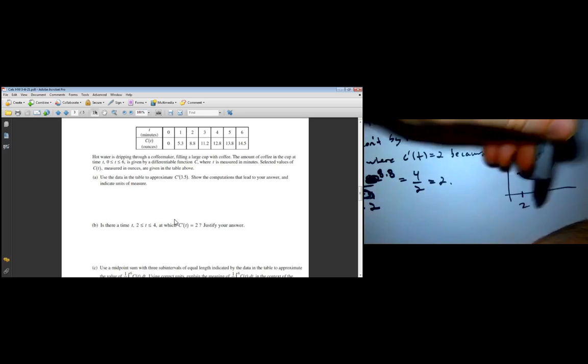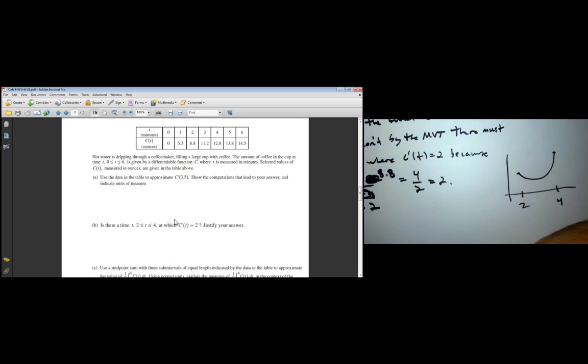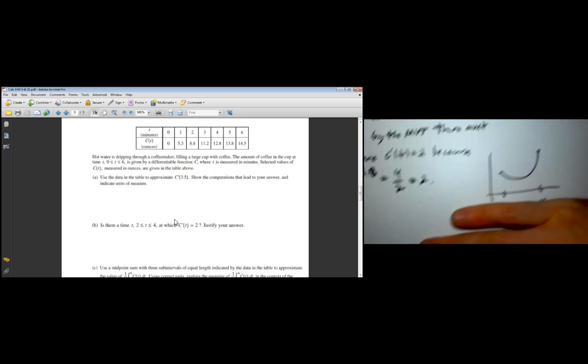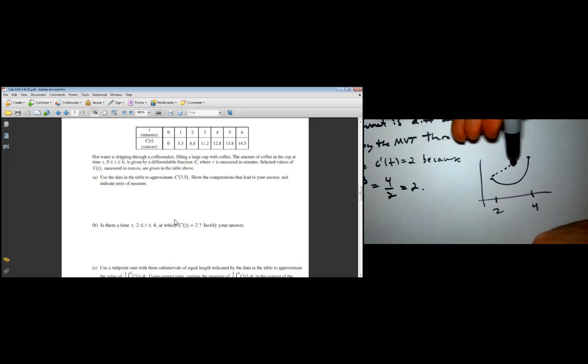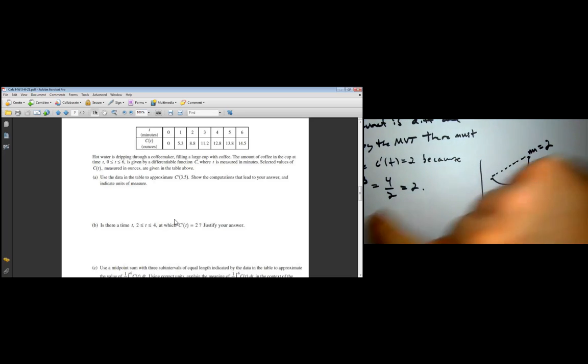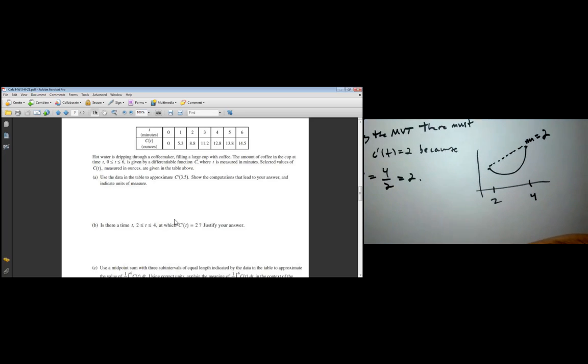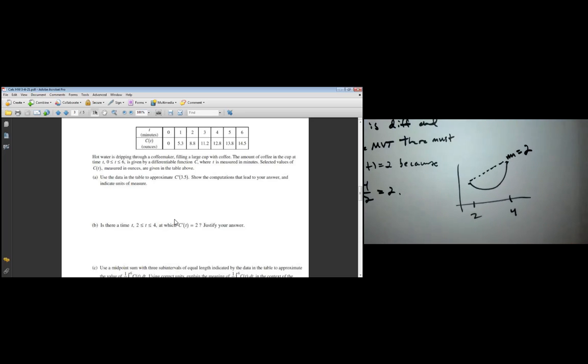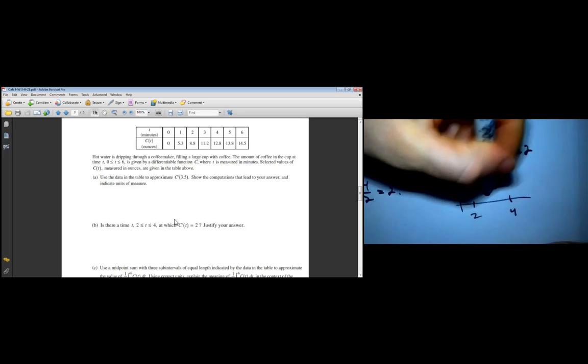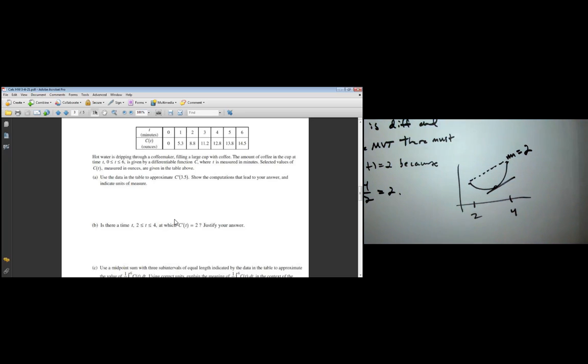It says on the interval 2 to 4, is there a time where the tangent slope's 2? So all you're doing is showing that that regular secant slope is 2. That's what we just showed over here. So if that regular slope is 2, what's the mean value theorem tell me? Somewhere on this interval is a tangent slope that's also 2.